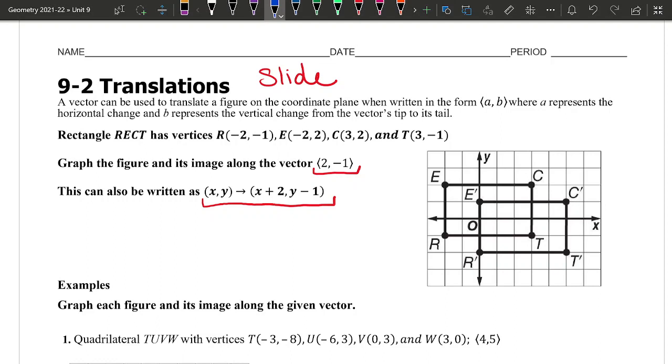You see how they're kind of pointy on the edges, like arrows? Those are vector parentheses, but it's still x, y. So this 2 is representing the change in x. It's a +2. We know positive x values are to the right. And then the y is a -1, so if we're going to do -1 in the y values, then we're going to go down 1.